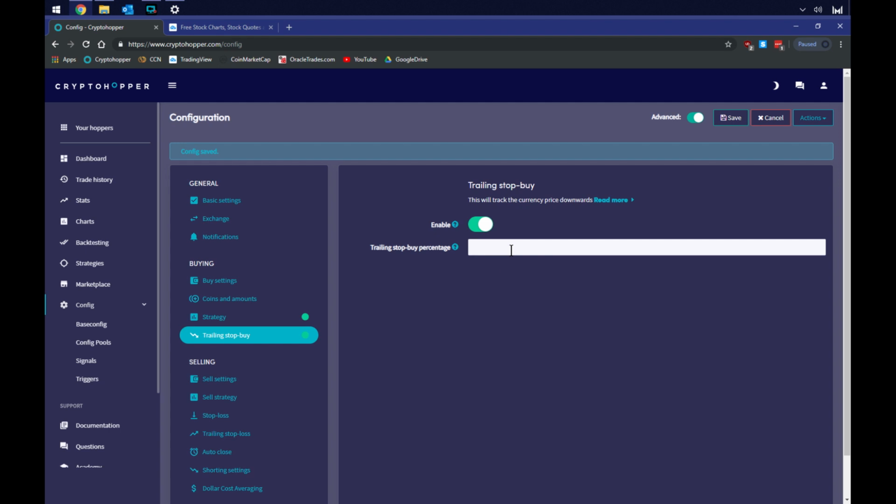So let's say the trigger is at $100 for whatever currency and the price keeps falling to 90. Your hopper would only buy once the price increases again by the percentage you establish. If you say 5, for example, it will only buy after the price claws back 5%. For now, let's leave this option disabled.